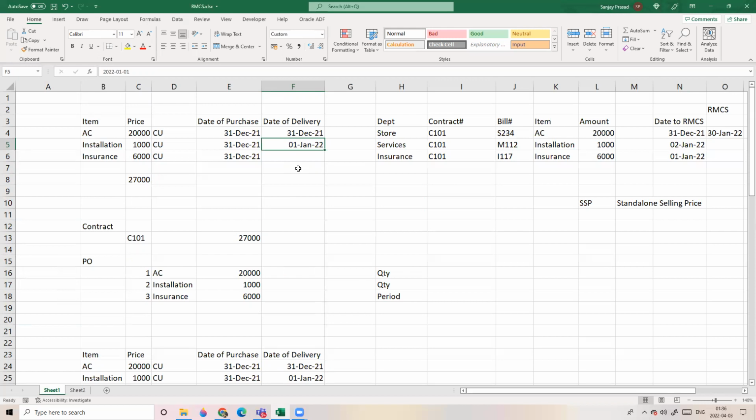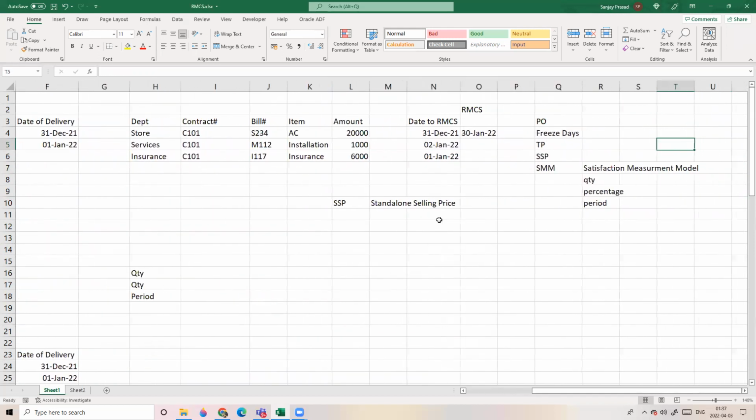Now, to make a generalized solution in Oracle, this explanation brings us to another term, that is called SMM, Satisfaction Measurement Model. And why do we need this?